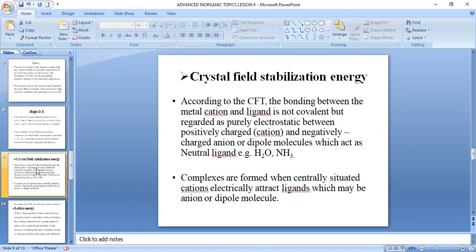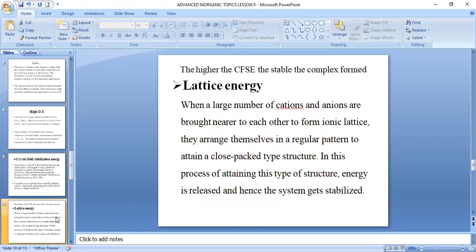Complexes are formed when a centrally situated cation electrically attracts ligands, which may be ions or dipole molecules. So the higher the crystal field stabilization energy, the more stable the complex formed.